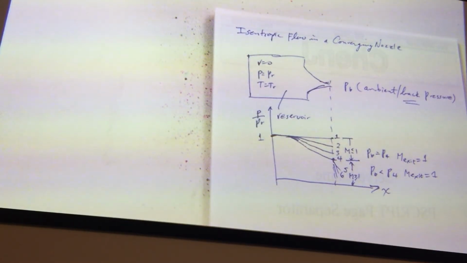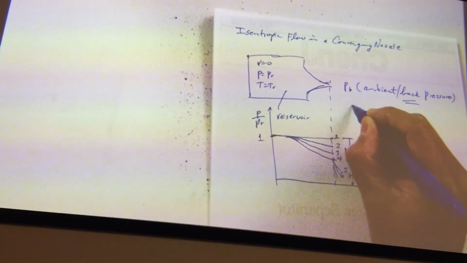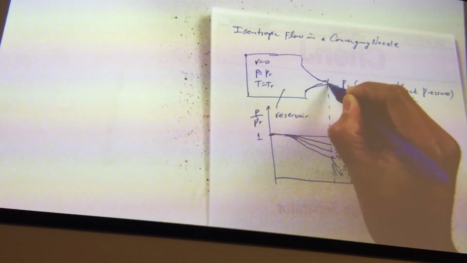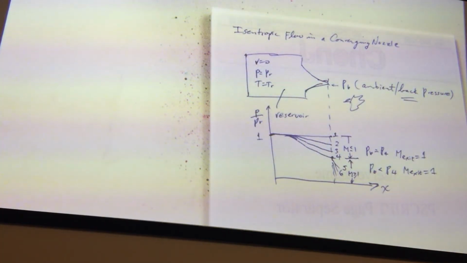Make sense? You just imagine that the signal here propagates at the speed of sound. But then, here, the flow is already at the speed of sound. So no more signal can pass over it. Make sense?